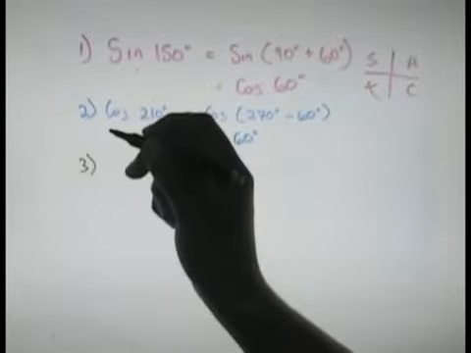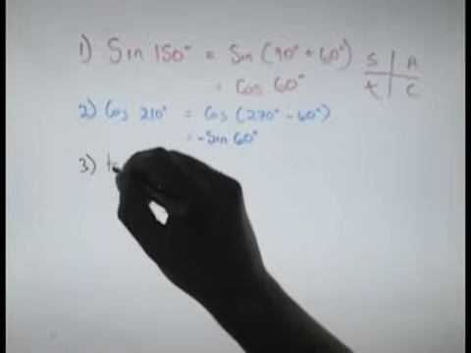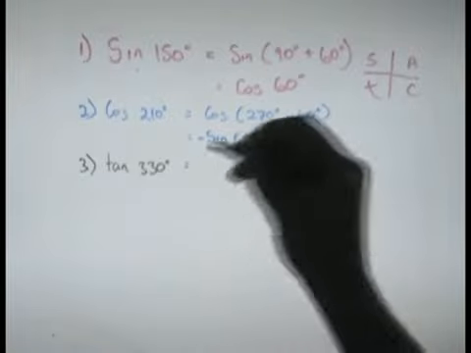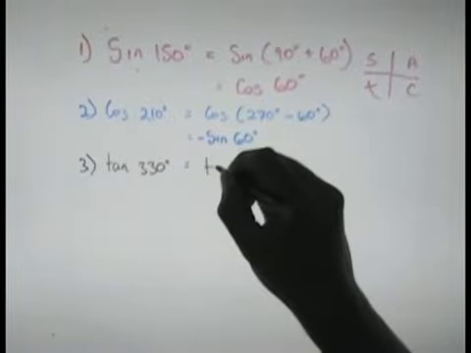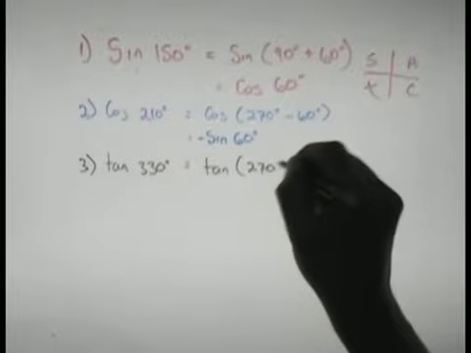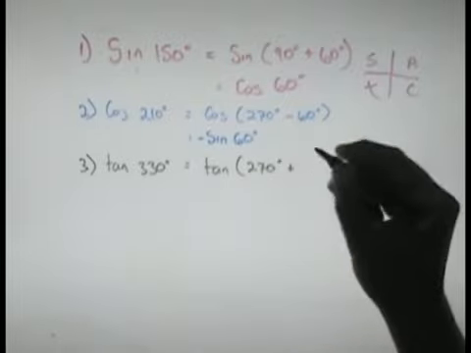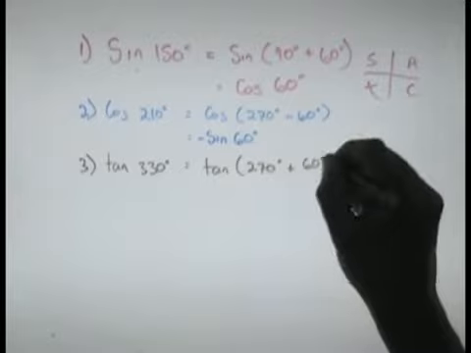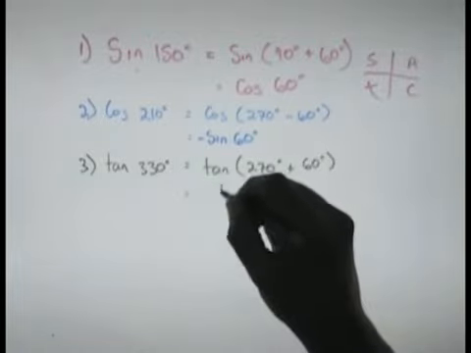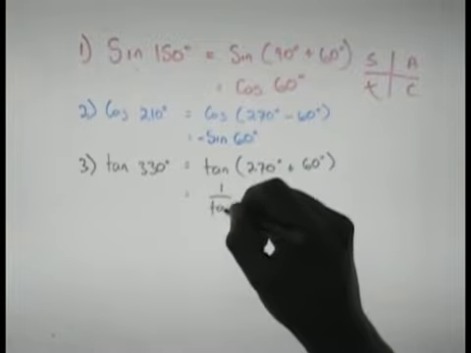Number 3, tan of 330 degrees is going to equal tan of 270 degrees plus 60 degrees, which is the same as 1 over tan.